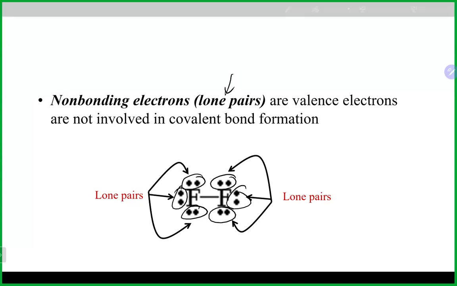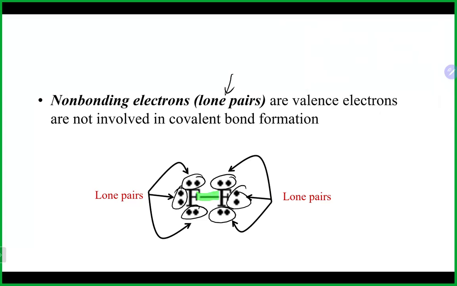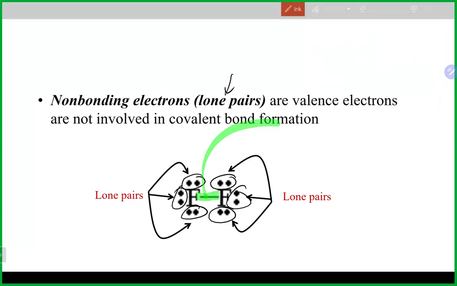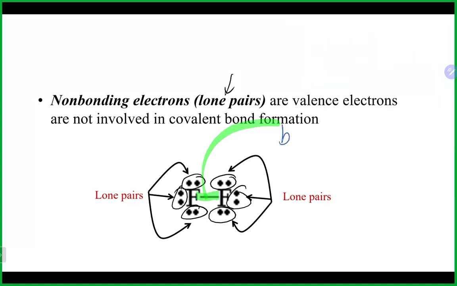That also leaves us, obviously, the electrons there in the middle, which are involved in bonding, and they have a much more creative name, known as bonding electrons. So bonding electrons, much like the name implies, are electrons that are involved in a bond. Non-bonding electrons or lone pairs are not involved in bond formation.